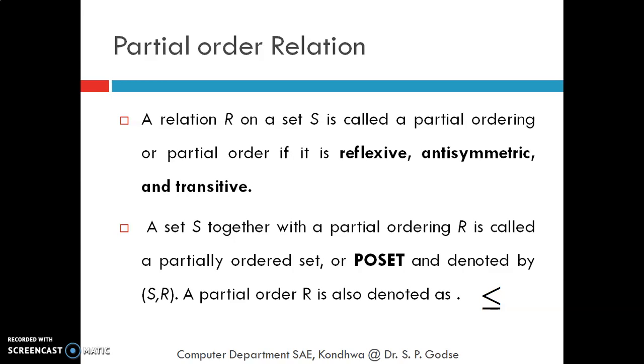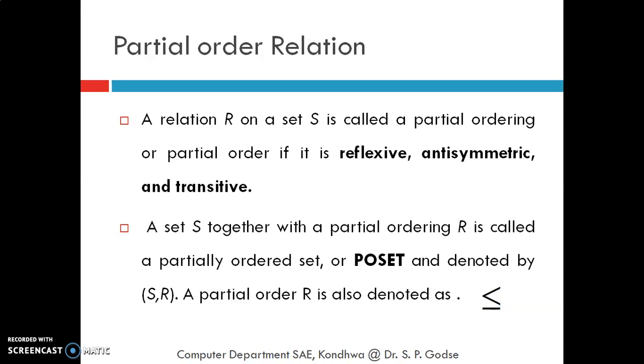You know what is meant by reflexive property, antisymmetric property and transitive property. So whatever the given relation, you have to check if these three properties are satisfied, then we can declare that relation as a partial order relation.